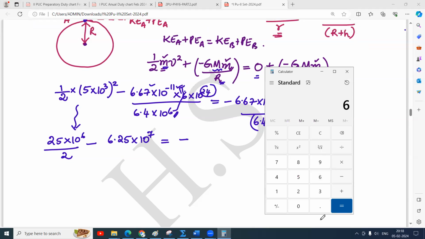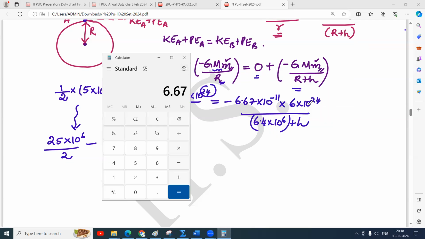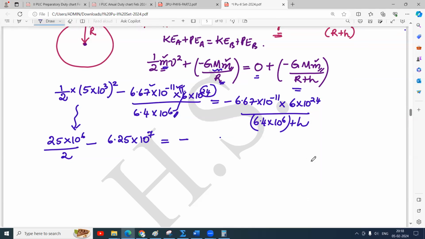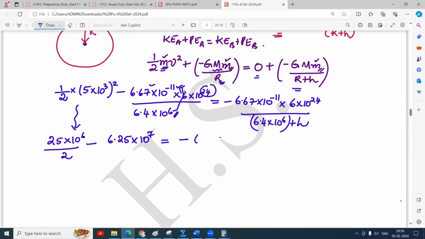So 6.67 into 6 into 6 is 40.02. Only that much we can do in the right hand side.